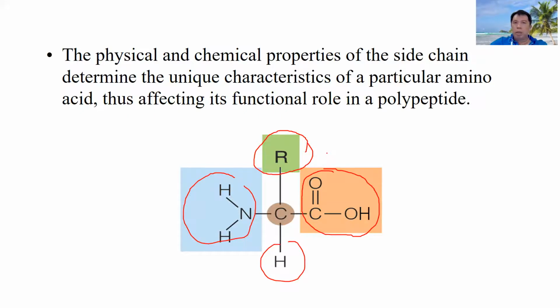Therefore, the physical and chemical properties of a particular amino acid will be determined by the R group or the side chain, and overall they will affect its functional role in a polypeptide.